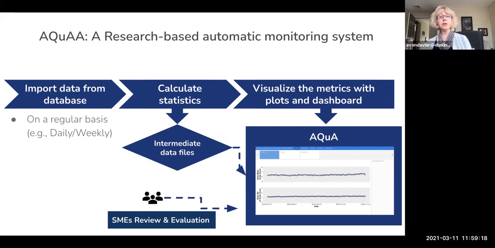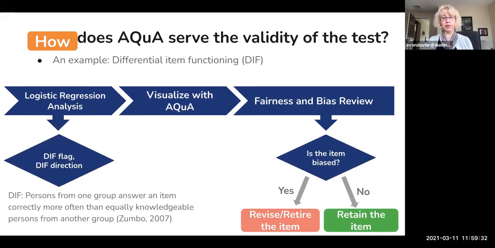Now, we also use automatic alarm systems here, and as well as in some other systems. So we are trying to combine the two. So let me give you a bit more example on how this would work. For example, differential item functioning. Differential item functioning is a property of the items.